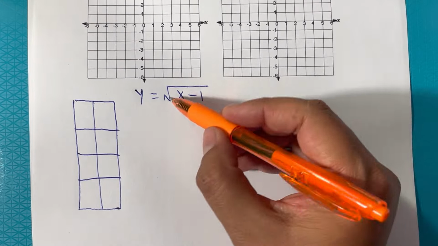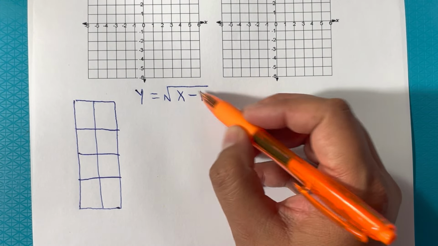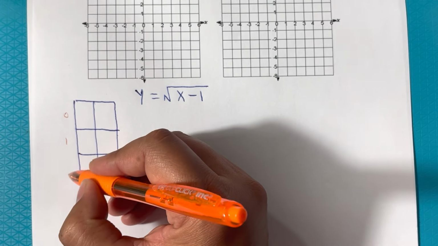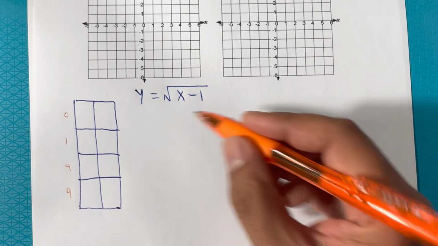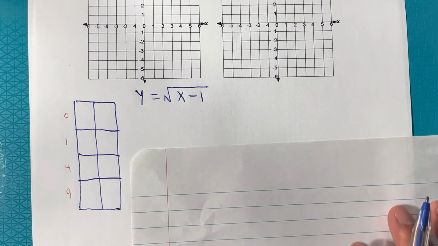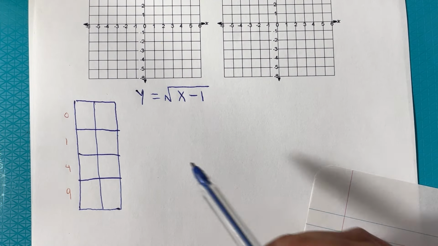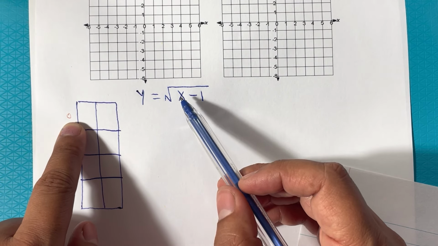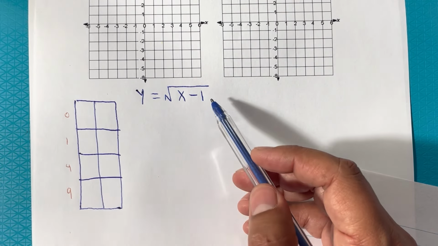Remember that if there is something else going on inside of the square root, we will need to have these values to make it easier for us. So again, you can just mentally figure out, what do I need in here to make it 0? Well, if I have a positive 1 minus 1, that will give us 0.